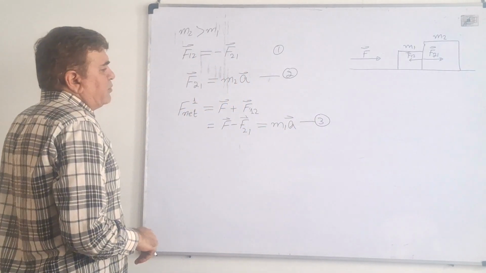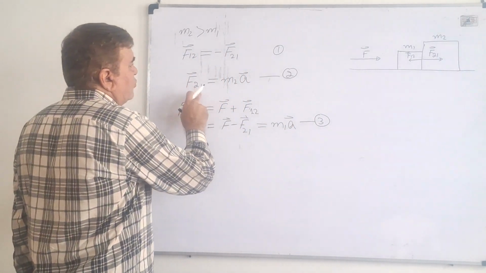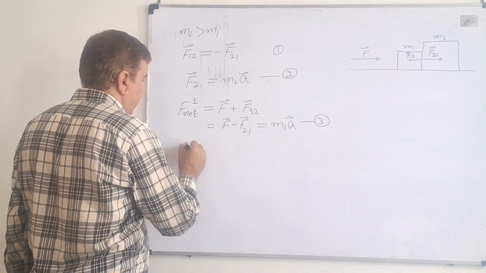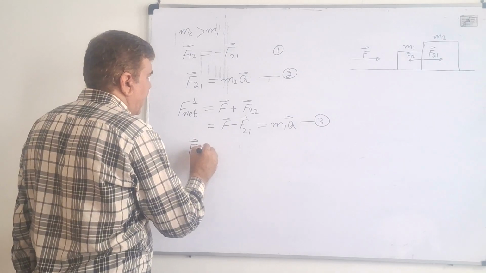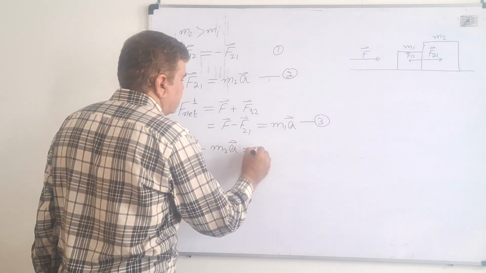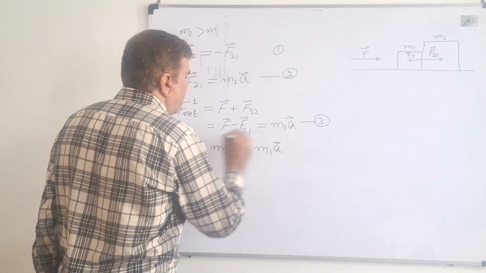Now, if I put the value of F21 from equation 2, I can write this equation as F minus m2a equals m1a.